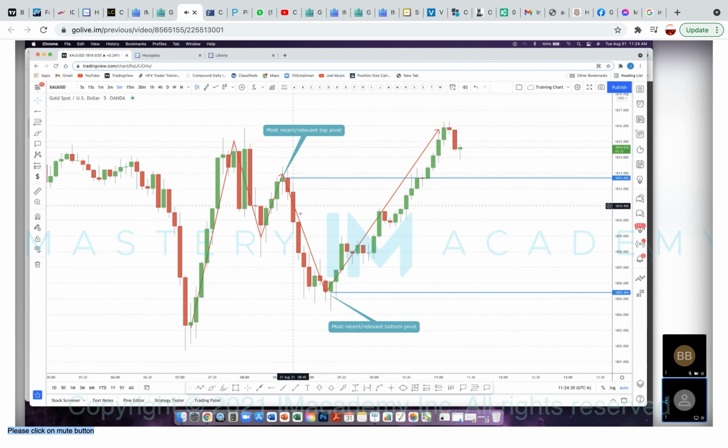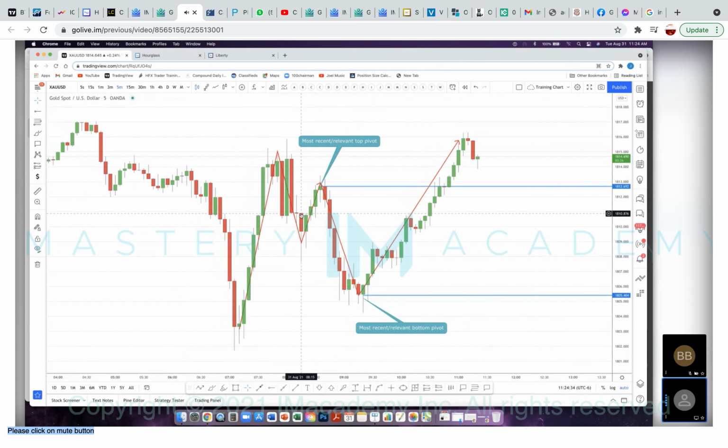Now, this is not to suggest that those other areas of resistance don't exist, but you can find yourself totally confused by adding too many areas of resistance based on all manner of time frames, different resistance lines, different trend lines, etc., to where you become paralyzed and you don't know where to make a decision. Because here's the truth.